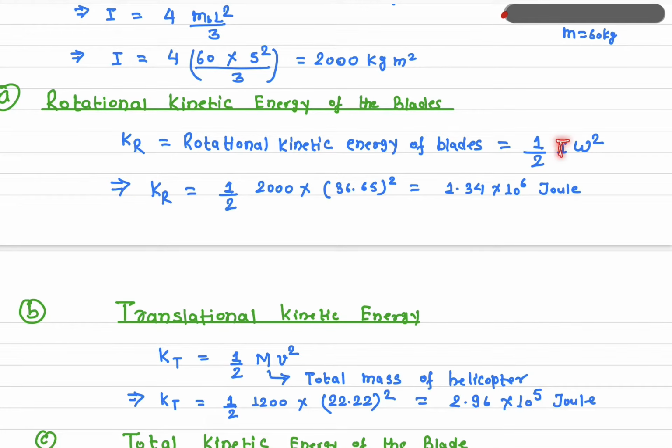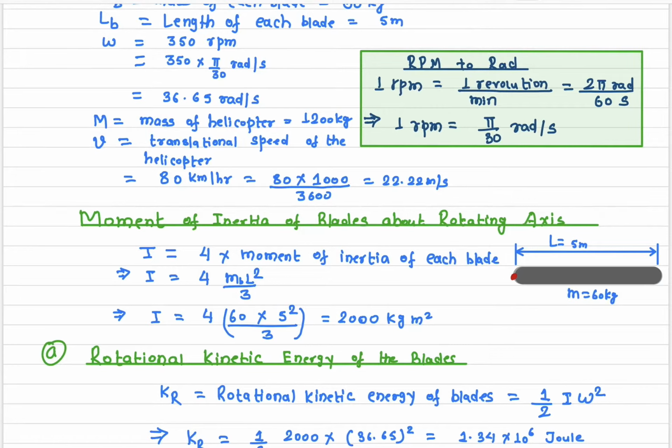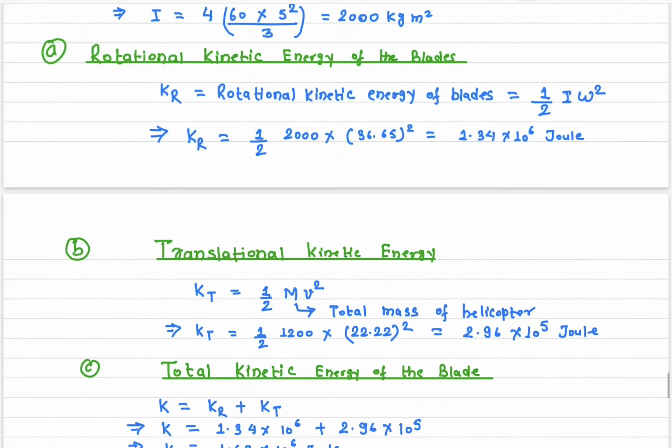So we have the moment of inertia I we just calculated, which is 2000 kilogram meter squared. Omega is the angular speed, which we just calculated too, 36.65. And if we solve it, this is the energy you will get. This is the rotational kinetic energy.